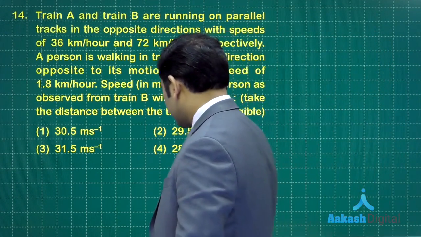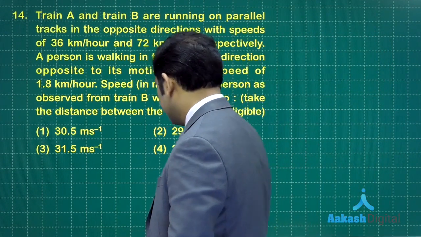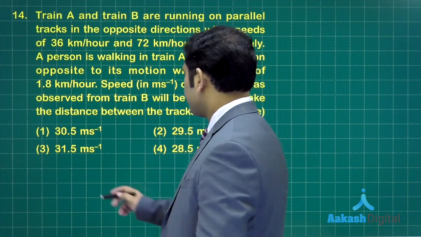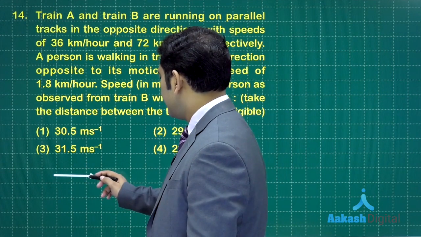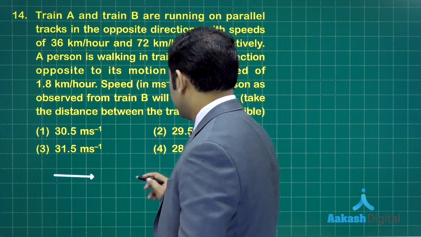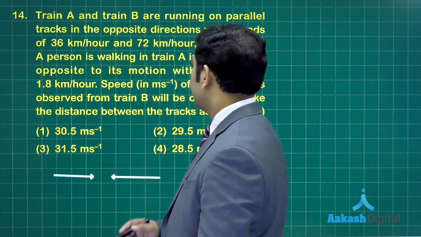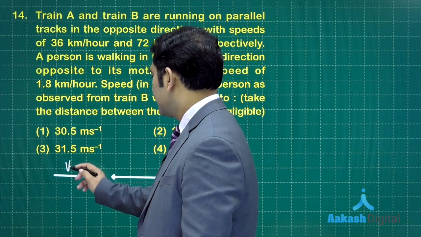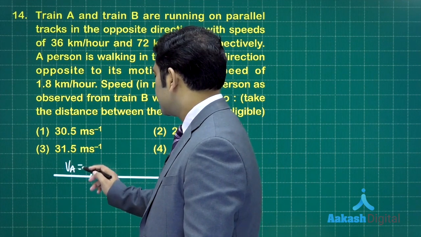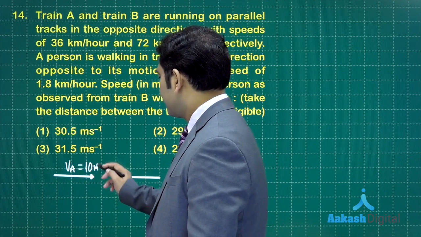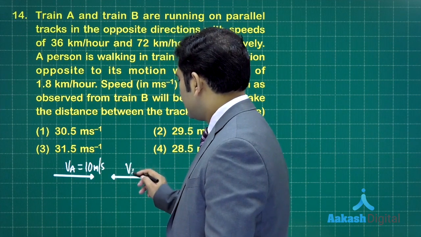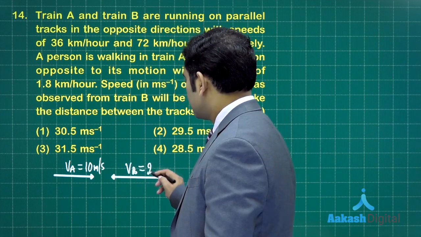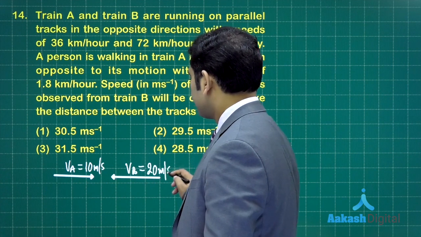So let's make a quick diagram that's going to help us. And to understand that, this is train A and here is train B. All right. So let's even write the value. This is speed of A, which is 10 meter per second, and speed of B is equal to 20 meter per second.